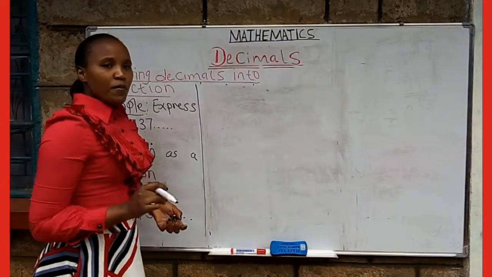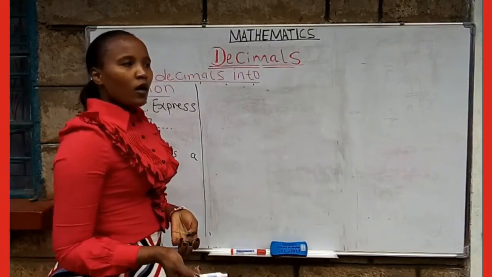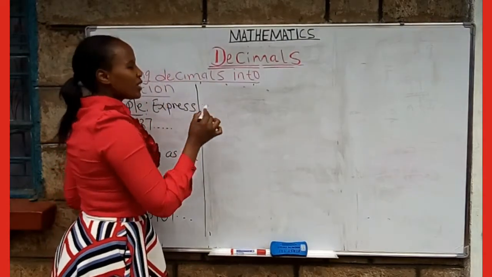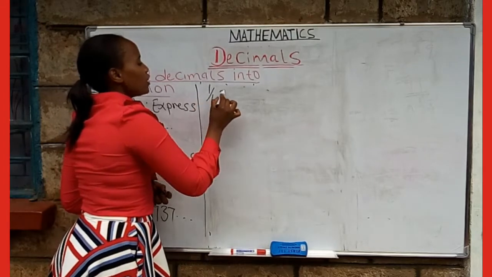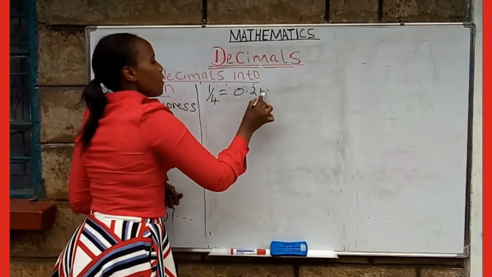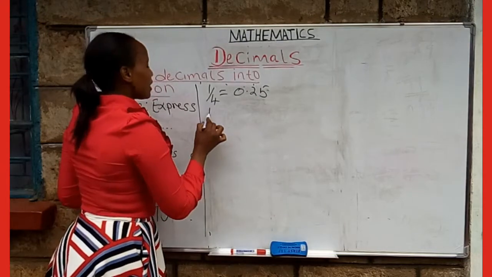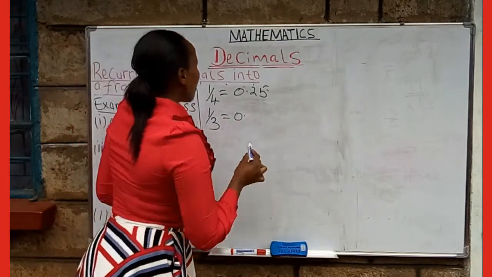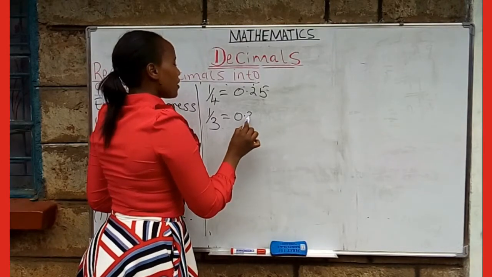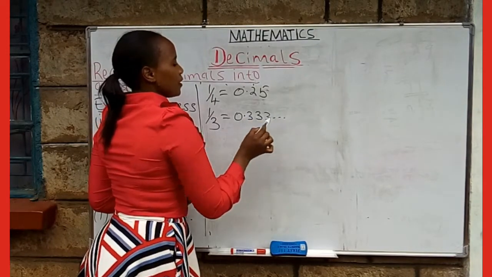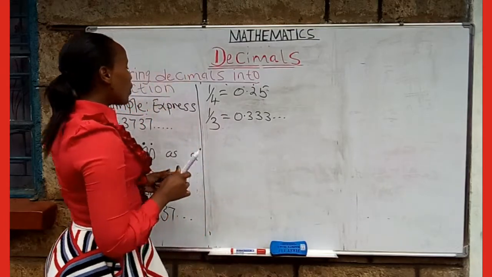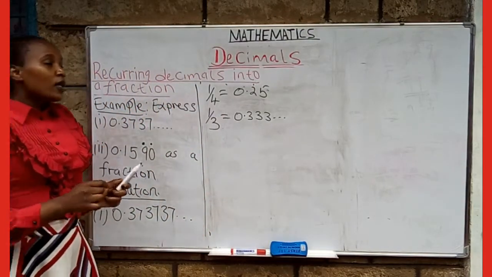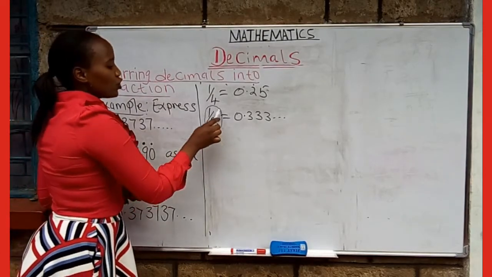If you remember what we were doing when we were expressing a fraction as a decimal, for example, we said that a quarter is equivalent to 0.25, and that a third is equivalent to 0.333 recurring. Now, when we are told to express this one as a fraction, we are looking for a fraction that we don't know.